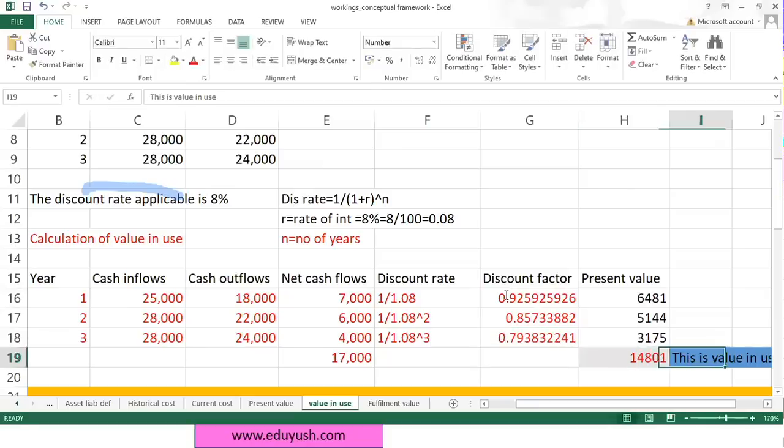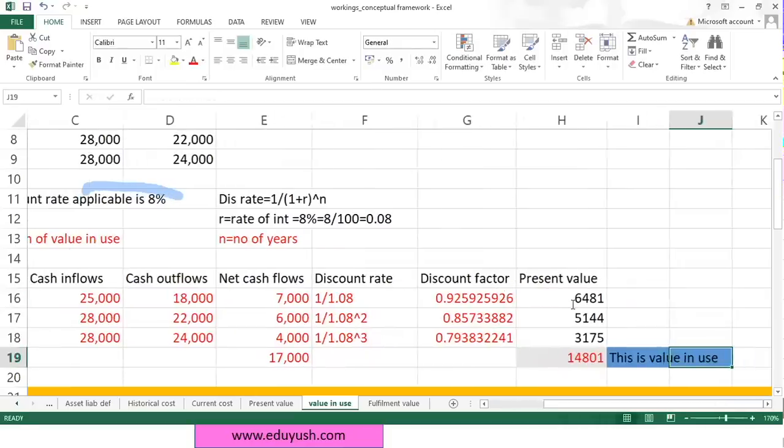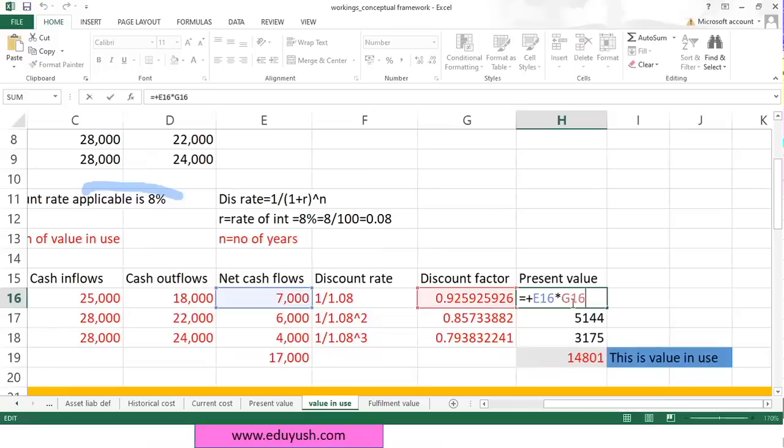And now I get a present value by multiplying the net cash flow with the discount factor. That is how I get my present values. Any doubts up to what I have told here? No. Okay.